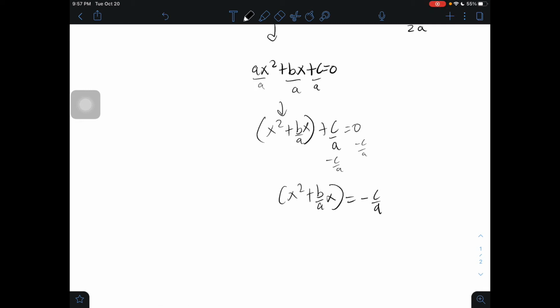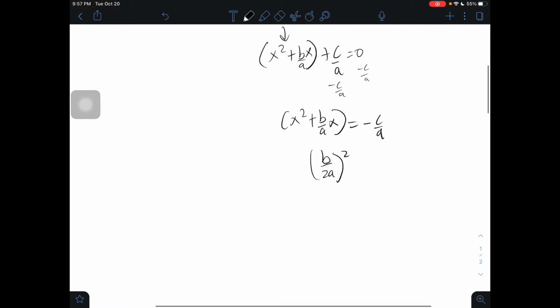Now what we're going to do is pretty similar to what we did when completing the square, which is b over 2a squared. We're going to add whatever we get from this to both sides of our equation.